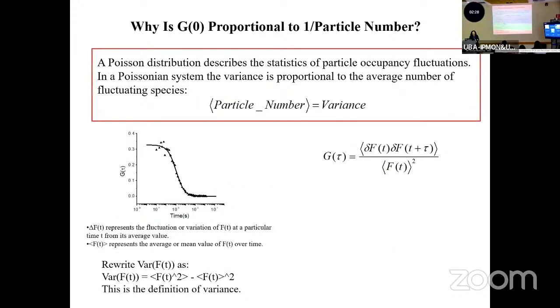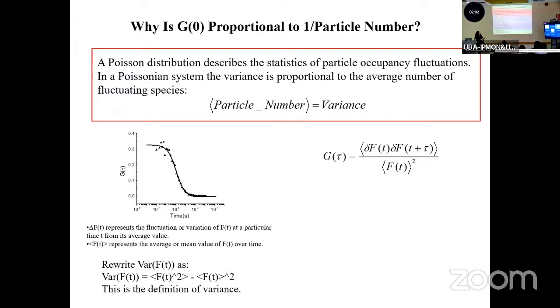And if we look at why G0 is proportional to the number of molecules, we'll know that that comes from the Poissonian distribution that describes the statistics of the particle occupation fluctuation of the Poissonian system. And we knew from Schwetzberg's data it behaved in a Poissonian way, and so do these molecules as they fluctuate as a function of time.